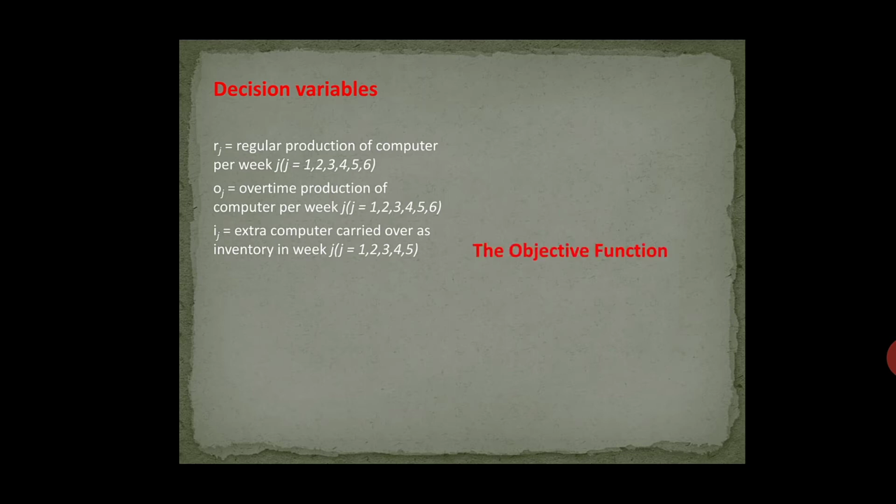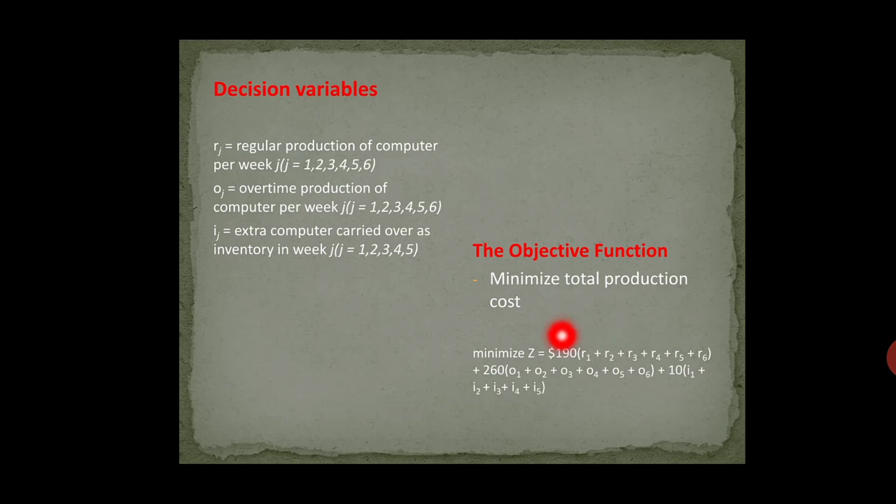The objective function. So the objective function here is to minimize the total production cost, which is the sum of regular and overtime production costs and inventory costs.